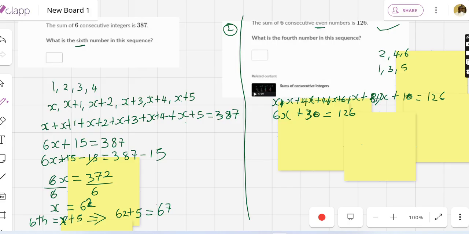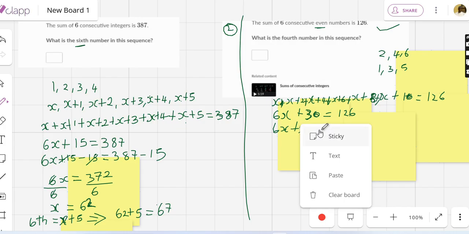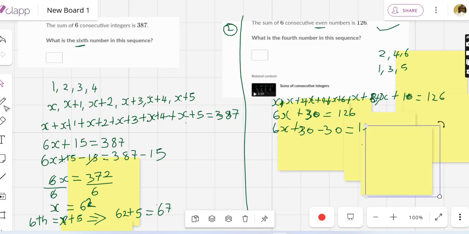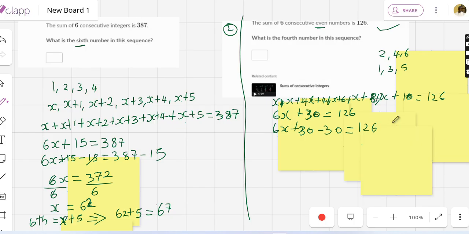So we need to subtract 30 from both sides. So we have 6x plus 30 minus 30 is equal to 126 minus 30.